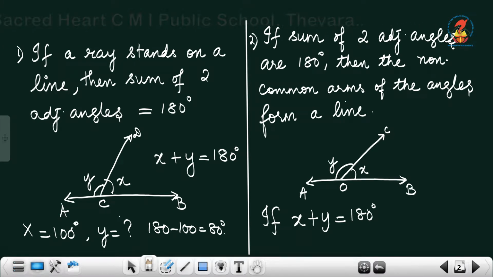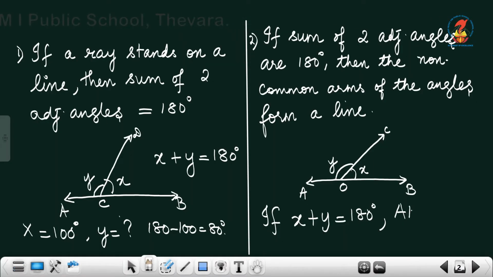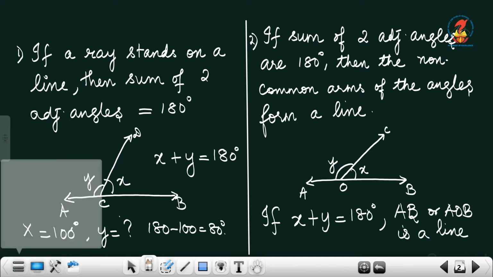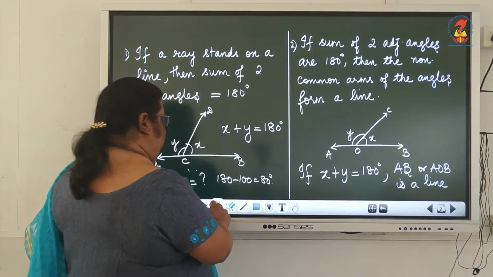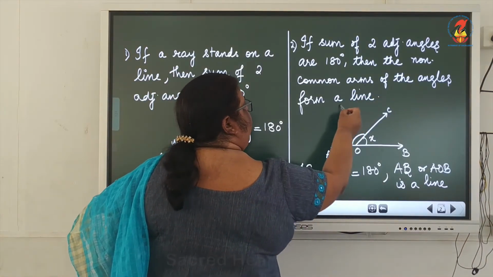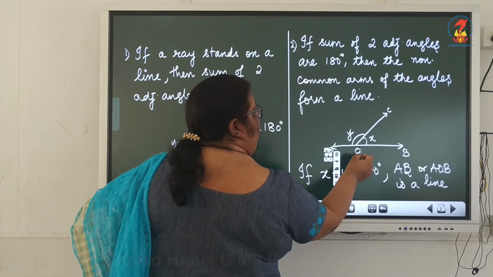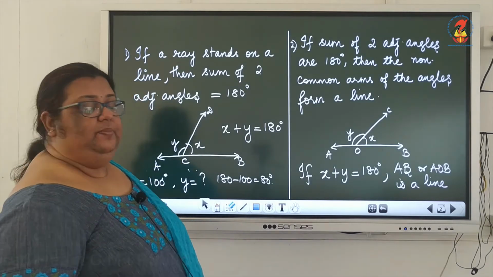If these two angles form 180 degrees, then AOB is a line. If the sum of adjacent angles x plus y equals 180 degrees, then the non-common arms of the angles, that means OA and OB together, that means angle AOB, form a line.